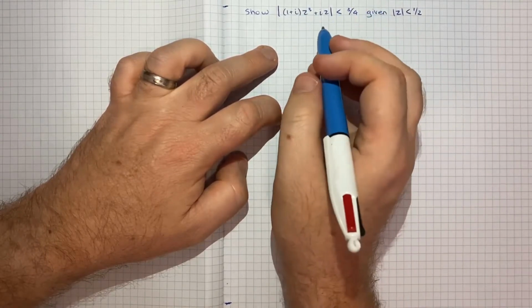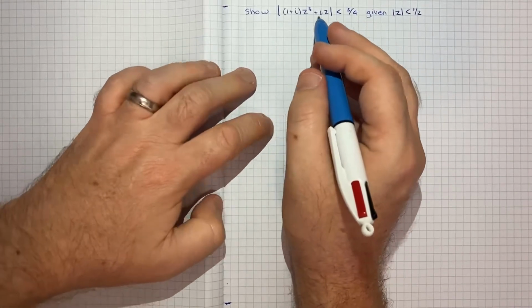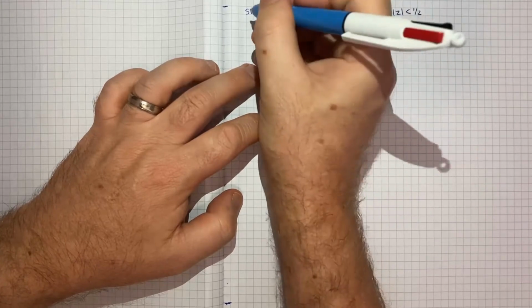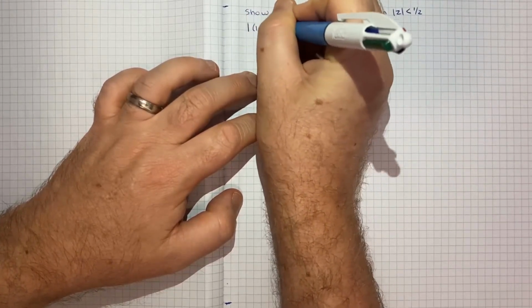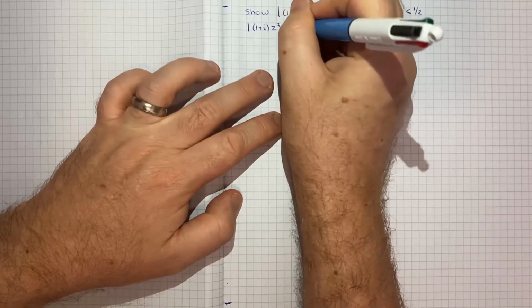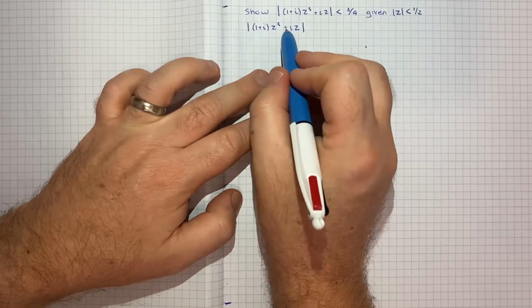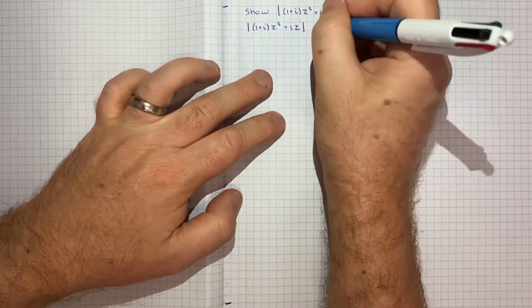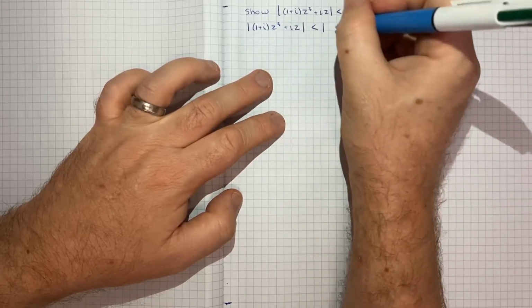But actually, the most helpful first step for this question is to use the result that the modulus of (1 + i)z cubed plus iz, notice that that's the modulus of something plus something else. That's going to be less than the modulus of each of the individual things added up.